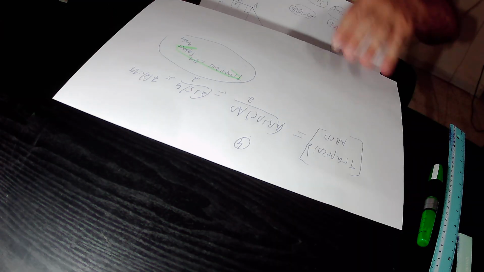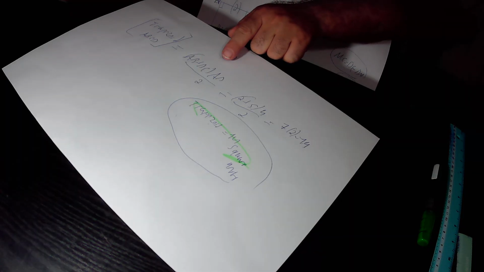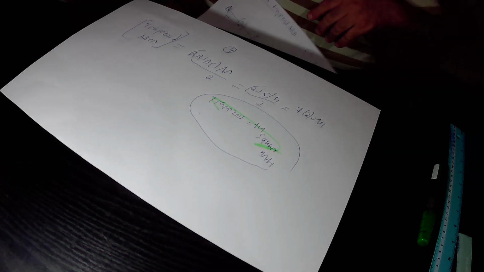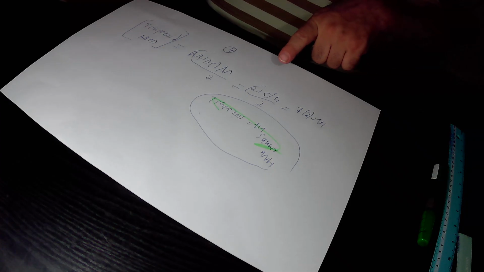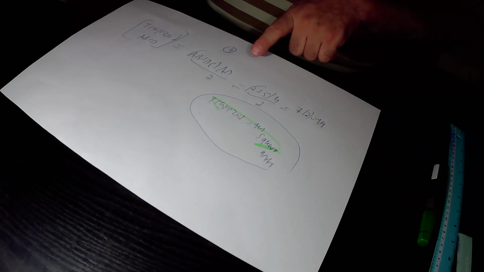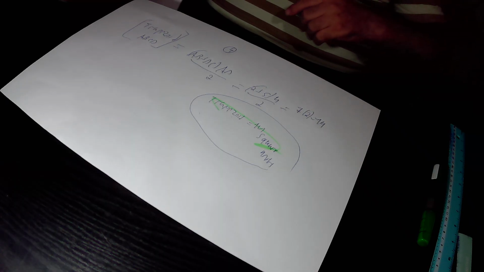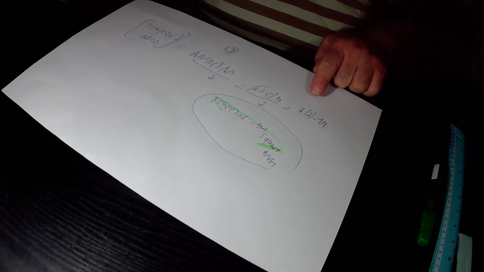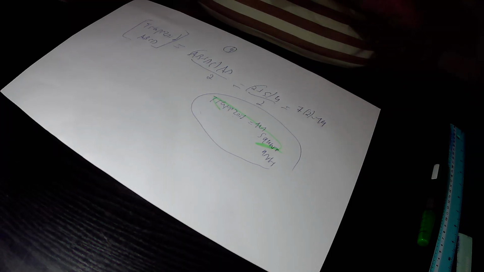AB is 2, DC is 5, and AD, the height of trapezoid ABCD, is 4, divided by 2. 2 plus 5 is 7, and 4 over 2 is 2, so in total this expression equals 7 times 2, that is 14 square meters.